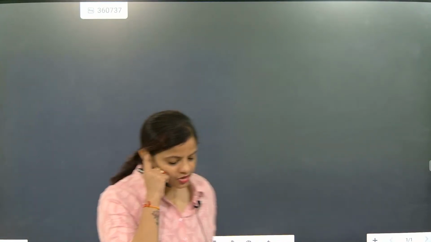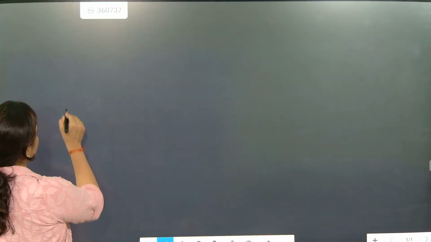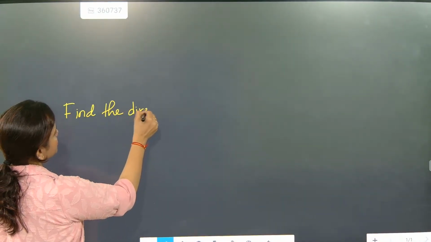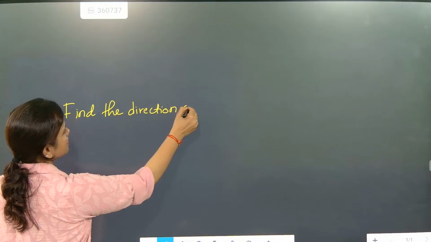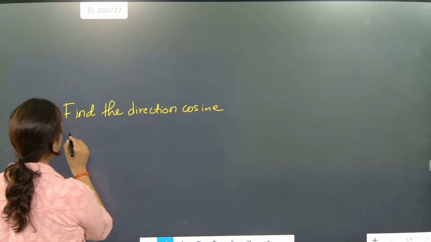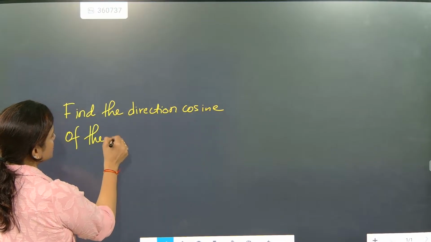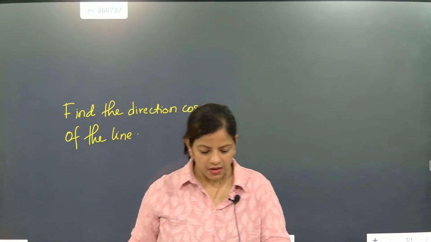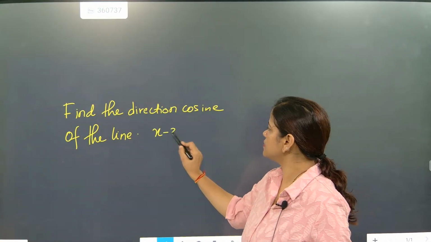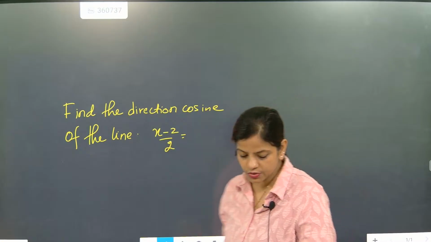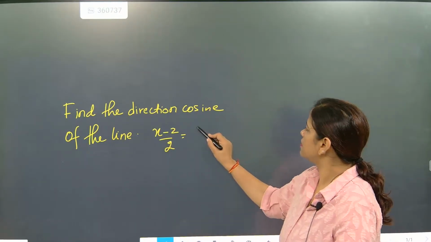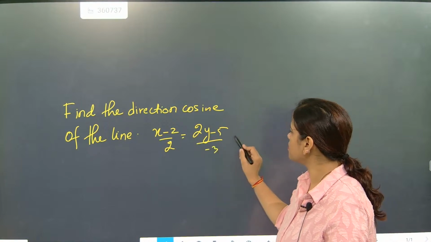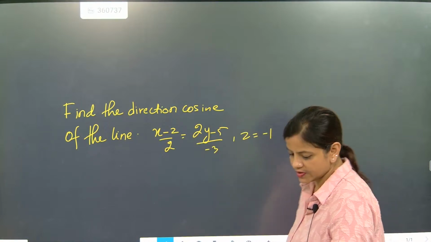Find the direction cosine of the line (x minus 2)/2 equal to (2y minus 5)/(minus 3), comma, z equal to minus 1.